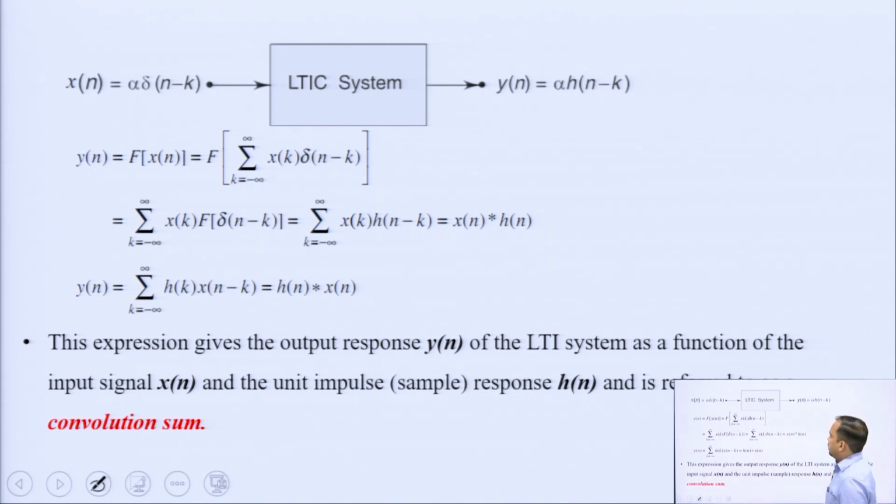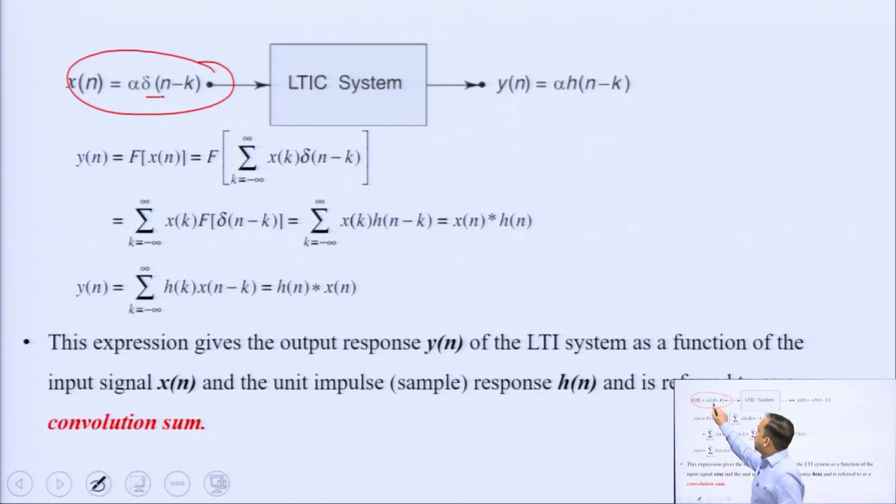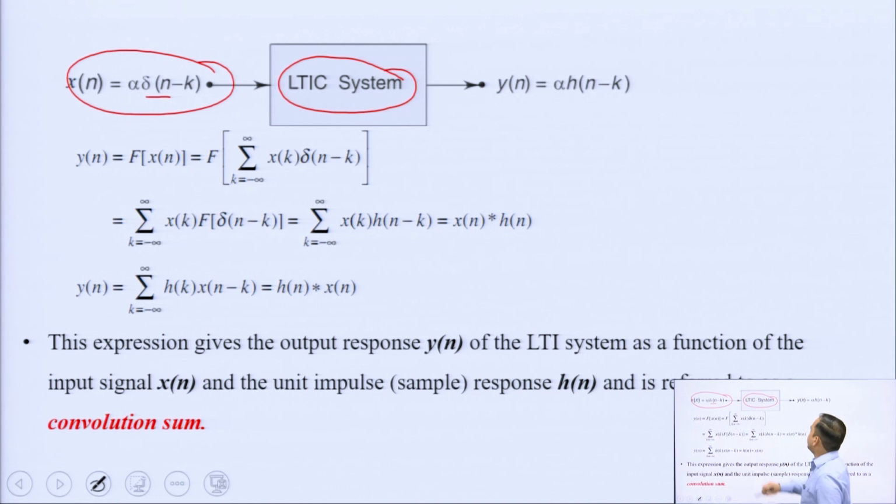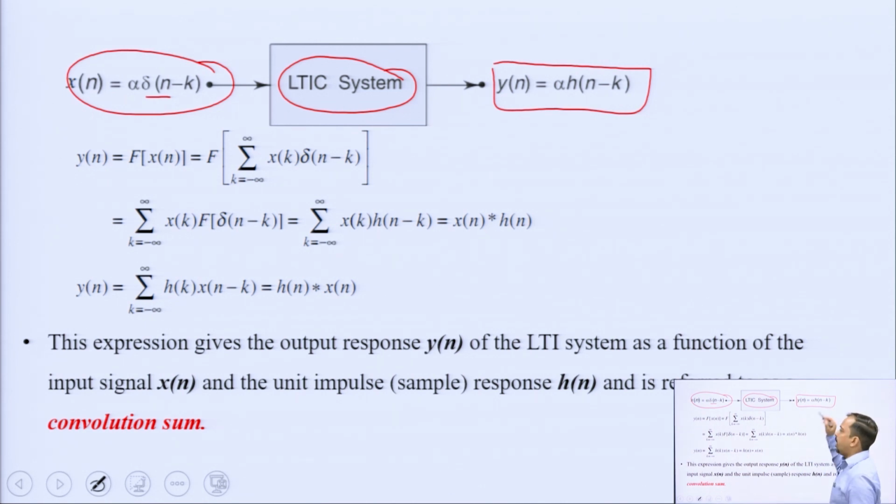This is a small proof here. If x[n] is some alpha times delta of n minus k, meaning the signal delta n is shifted by a factor of k, and it is applied to an LTI system, then the output is y[n] equals alpha h of n minus k.